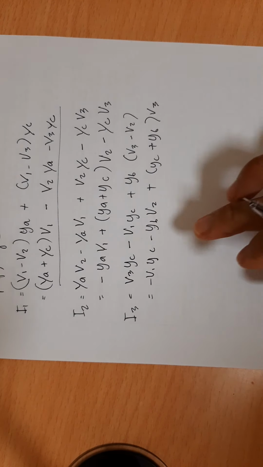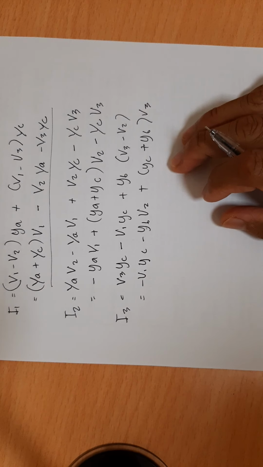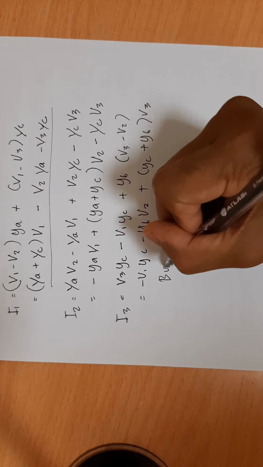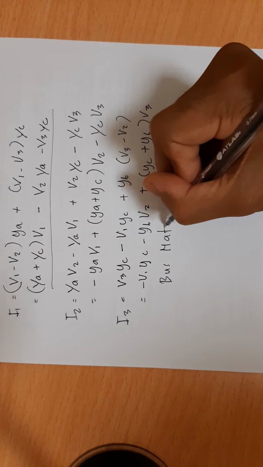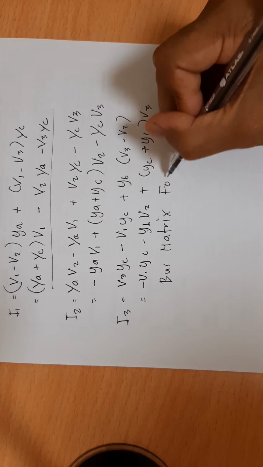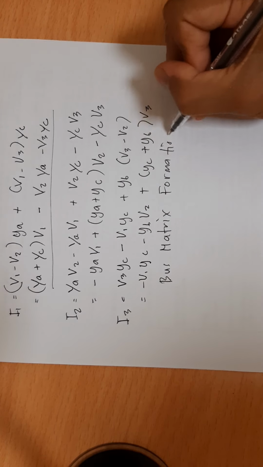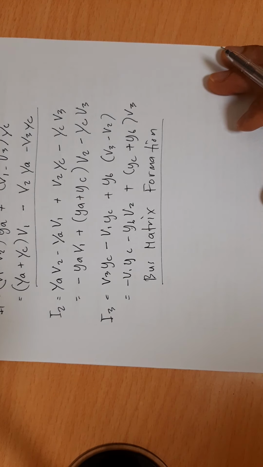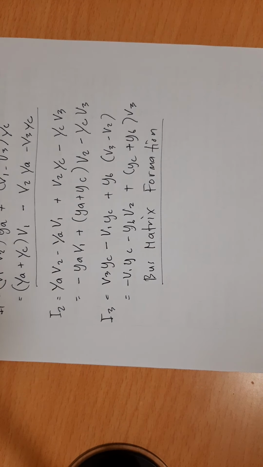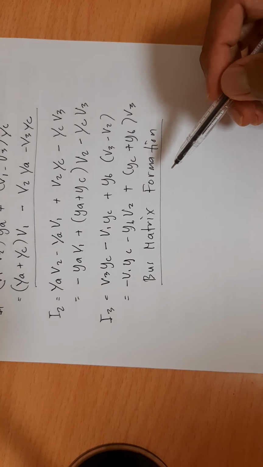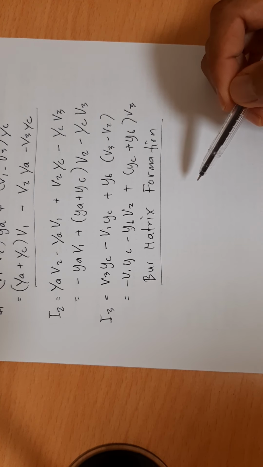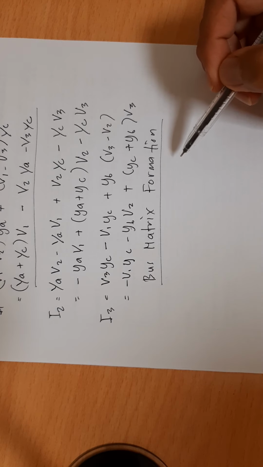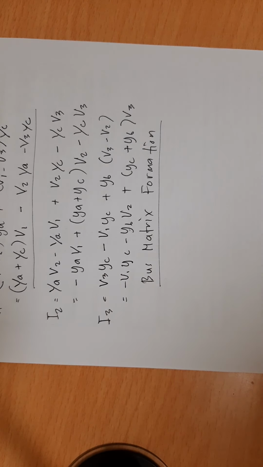Why do I write these linear equations? Because we need to use them in the formation of the bus matrix. Once we get the linear equations, we can identify and derive the formation of the bus matrix.